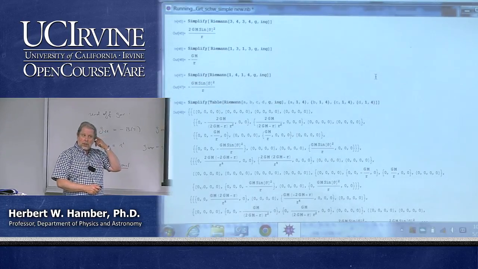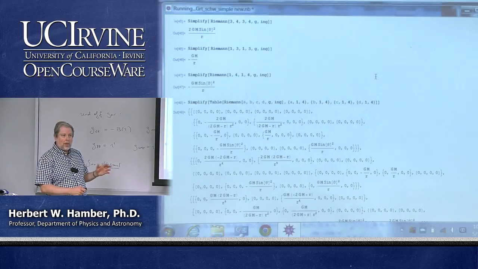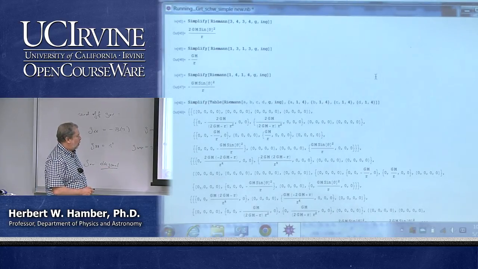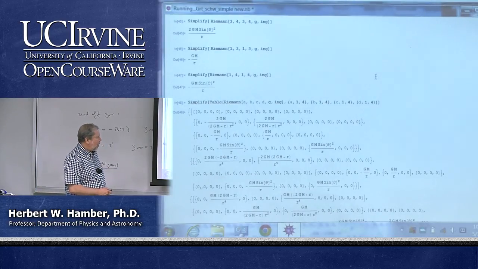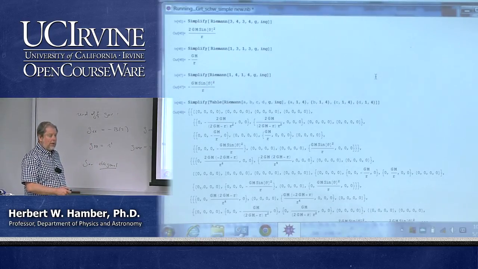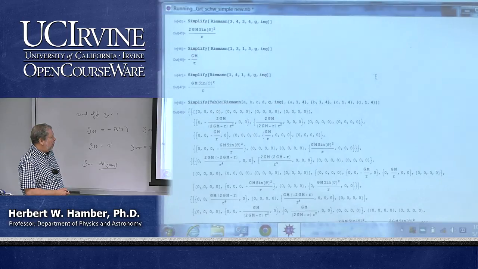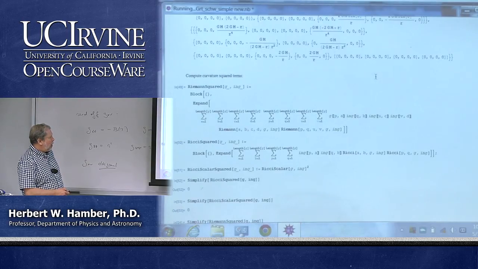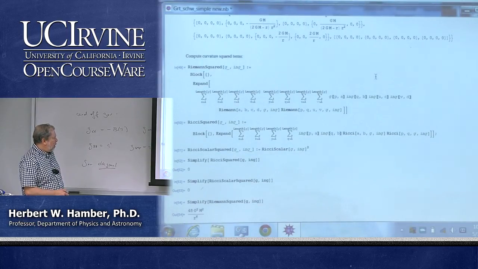And in this case, this goes pretty quickly, again, because there is so much symmetry to the metric that many of the components of the Riemann tensor are 0, right? But there are certainly some which are non-vanishing. So even though the Ricci tensor is 0, Riemann is not. And you can finally calculate things like the scalar curvature squared.